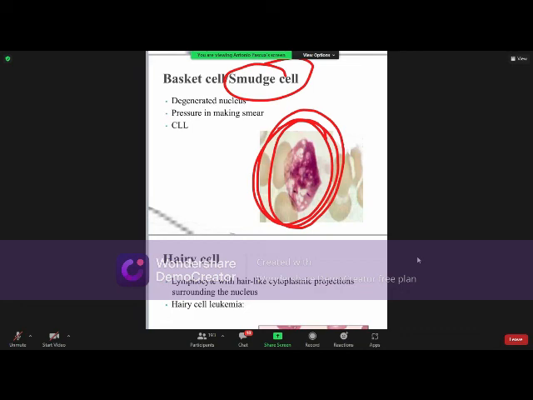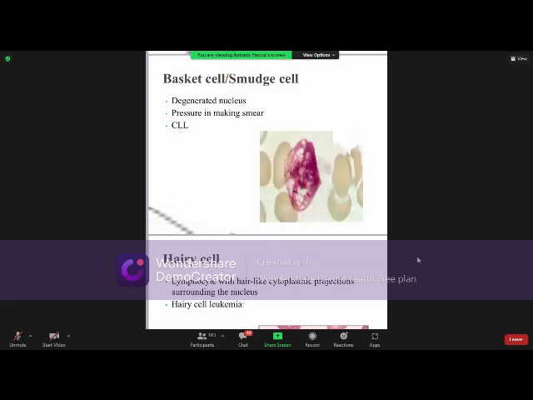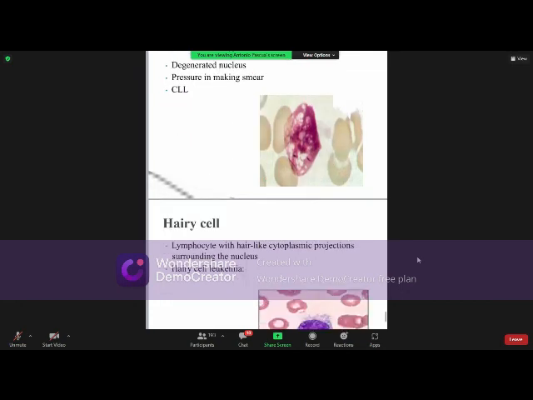And having smudge cells is usually associated with leukemia. You call it chronic lymphocytic leukemia. But if there are only a few and it's just because of smear preparation, you simply call it a basket cell.